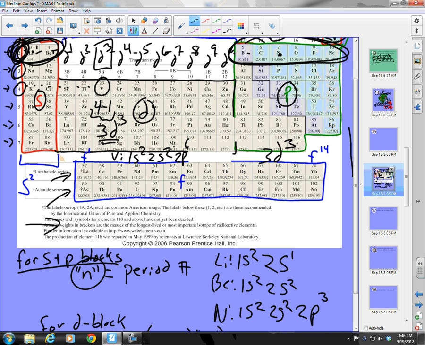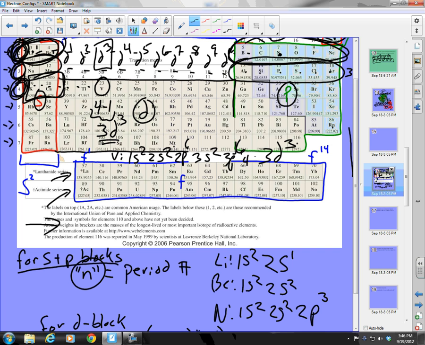Okay, so after I go through my 2p6, where do I go? I come over here to my third period, and I go through my S's, so I have 3s2, and then I go through my P's, that's still a 3. So I go through 3p, and how many? 1, 2, 3, 4, 5, 6, 3p6. Then I go through these two guys, which are in my S block, and they are in period 4.